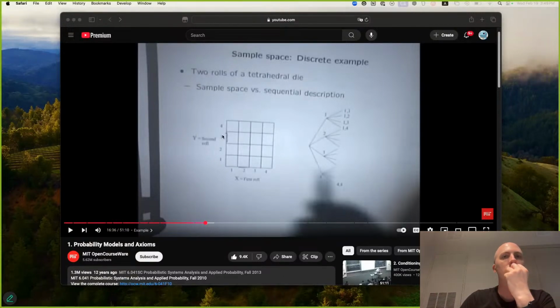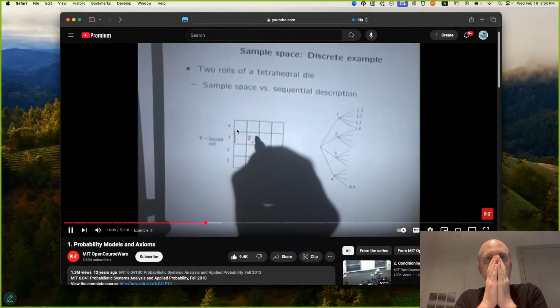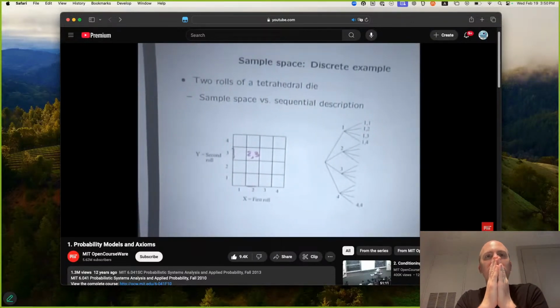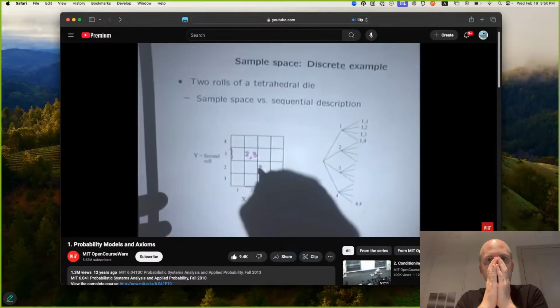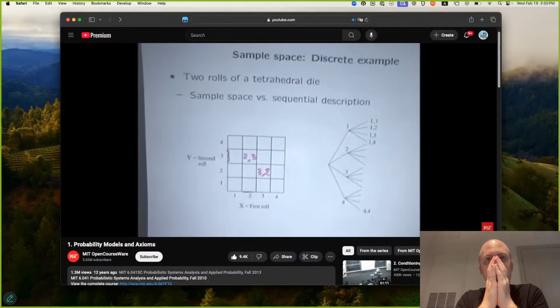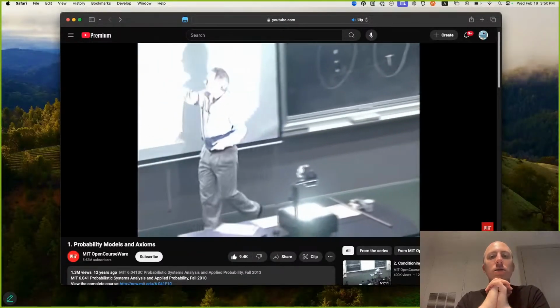In which case, the outcome that you get is this one, a 2 followed by 3. This is one possible outcome. The way I'm describing things, this outcome is to be distinguished from this outcome here, where a 3 is followed by 2. If you're playing backgammon, it doesn't matter which one of the two happened.